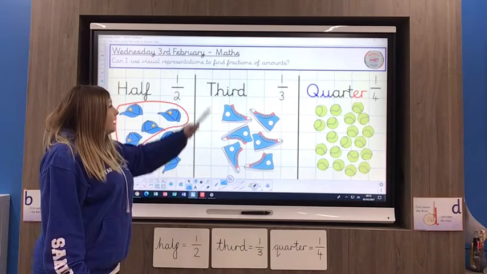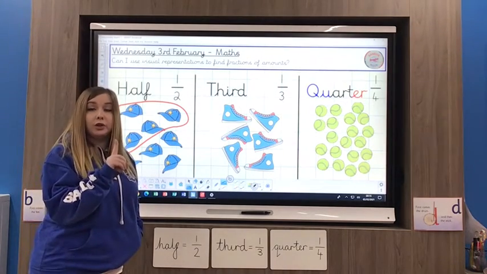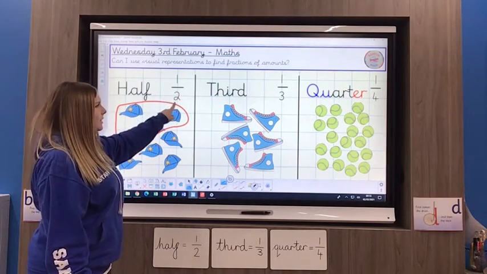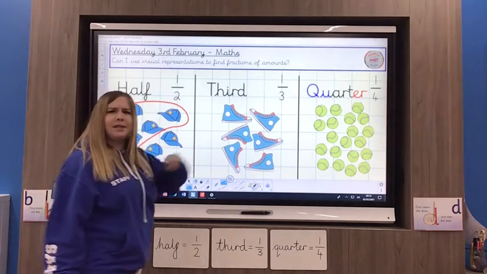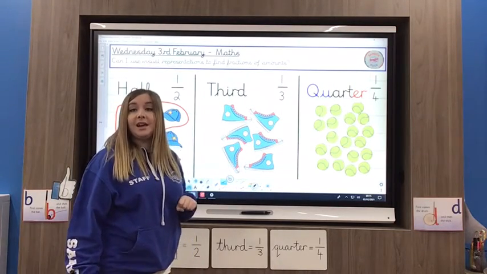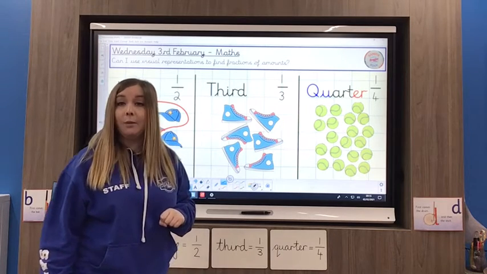Okay. Now the next one is asking you to find 1/3. So if here we used our 2 times tables, what times tables do you think we can use to help us when finding 1/3? Have you figured it out? It's our 3's, isn't it? Well done.